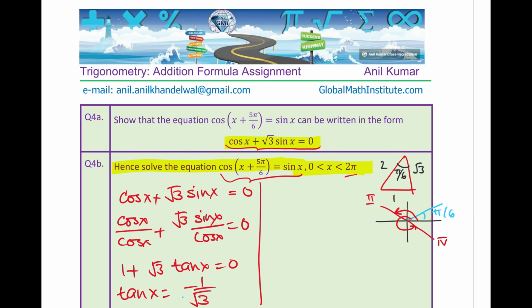So now we get the values between 0 to 2 pi. So we know tan alpha equals 1 over square root 3 gives related acute angle as pi by 6.